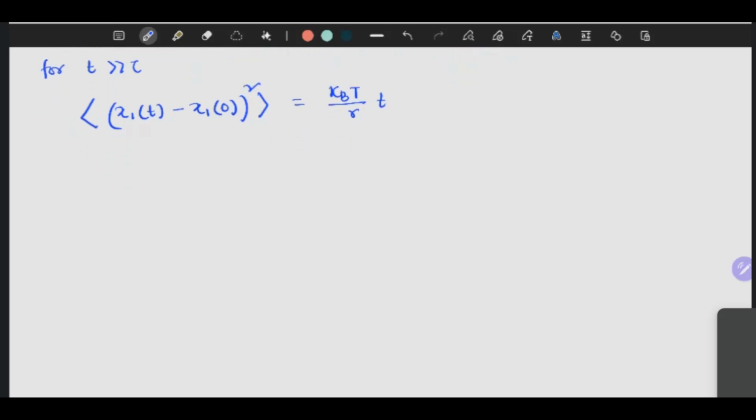That means the particle motion is slowed down for long time.